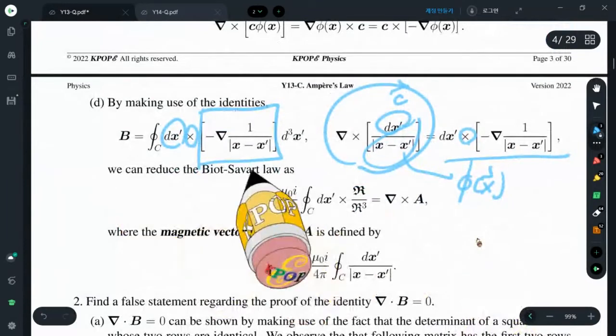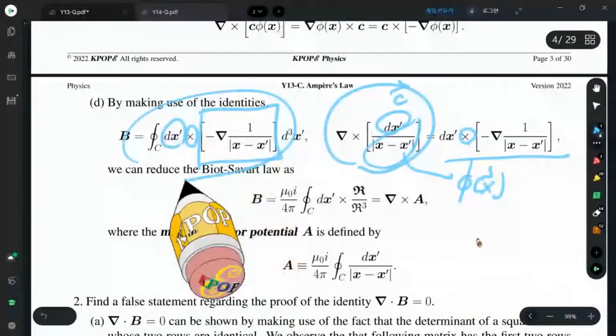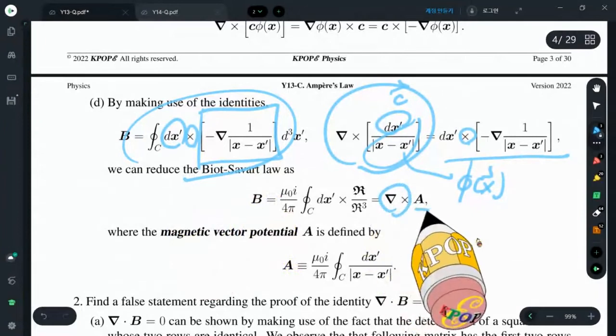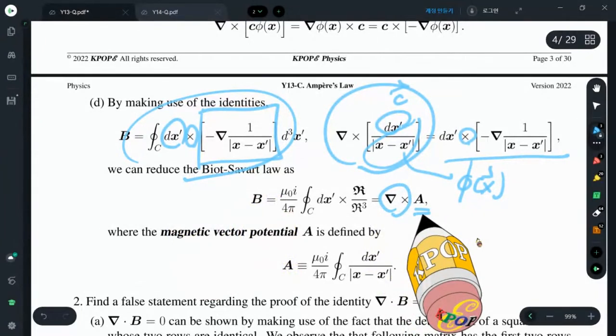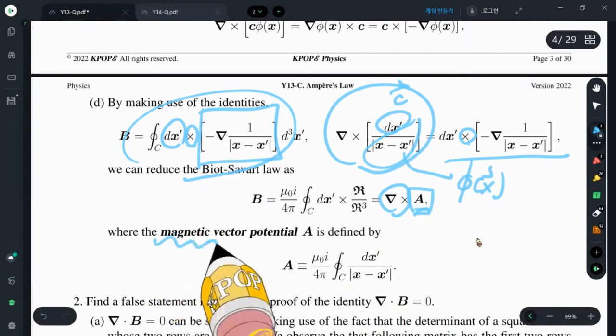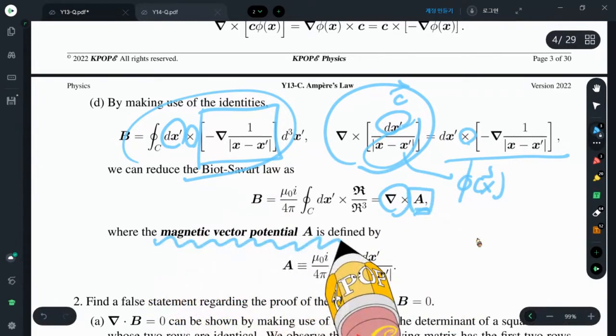Therefore, this can always be expressed as a curl of something. And this A is called the magnetic vector potential.